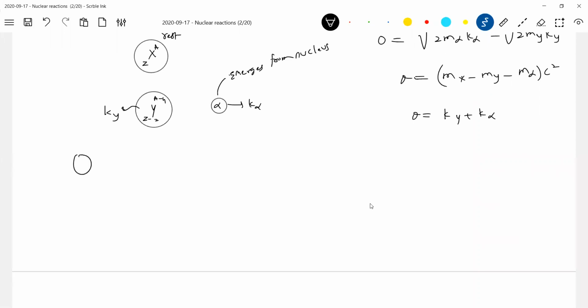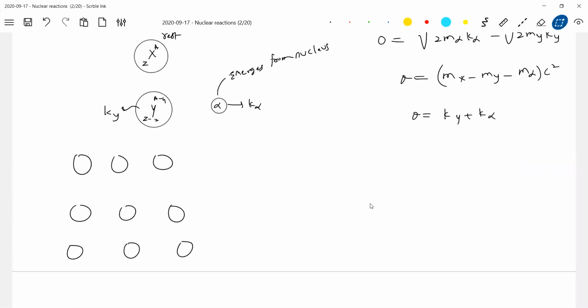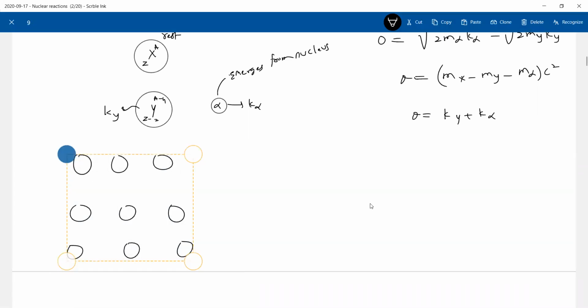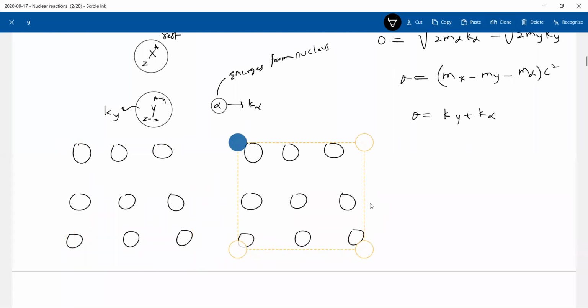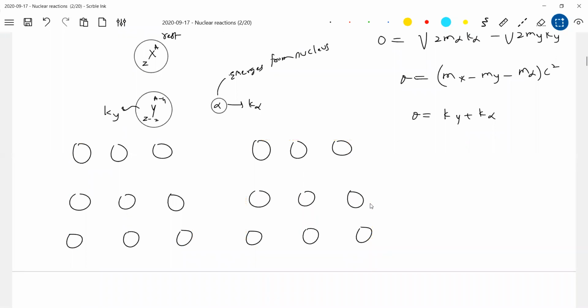This is X, the parent, and these are Y, the daughter.